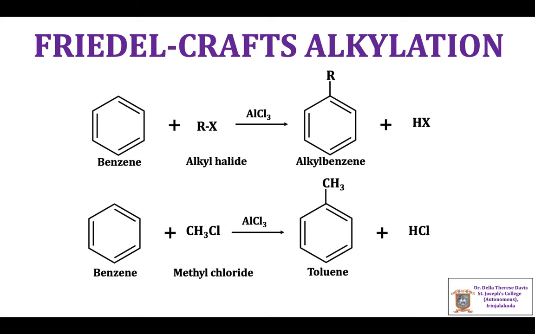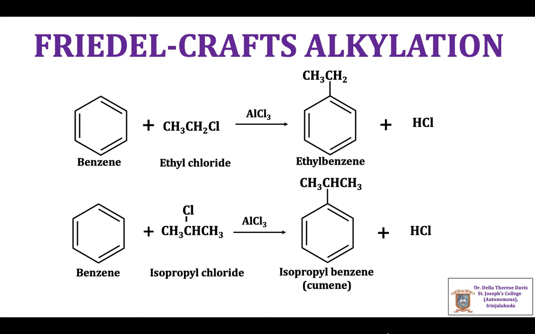Next is the Friedel-Crafts alkylation reaction, in which benzene reacts with an alkyl halide to give alkyl benzene. For example, if benzene reacts with methyl chloride in the presence of AlCl3, we get CH3 substituted benzene, that is toluene.